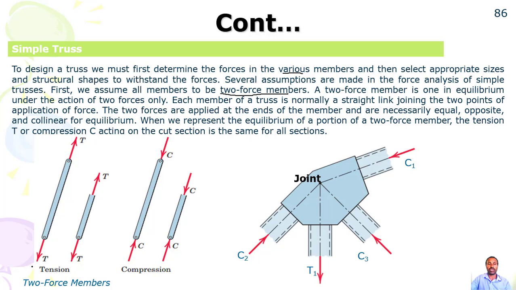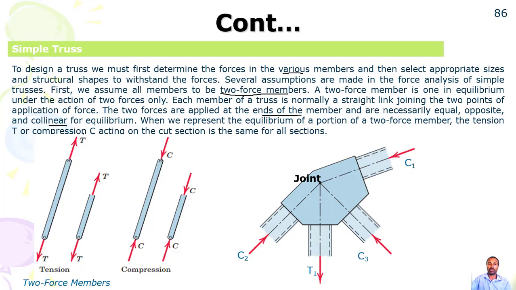For example, you can see this is T or C, tension or compression. The 2 forces are applied at the ends of the member and are necessarily equal, opposite, and collinear for equilibrium.